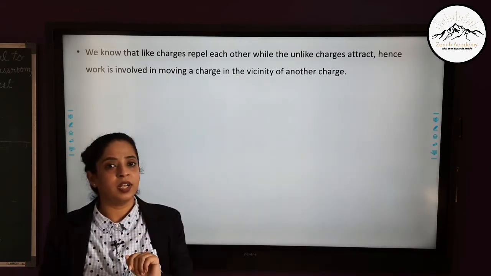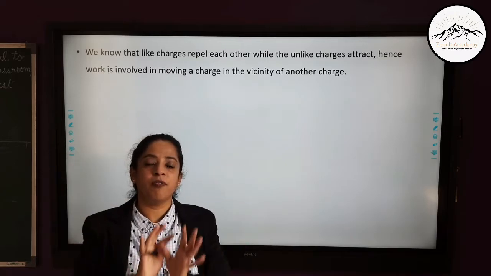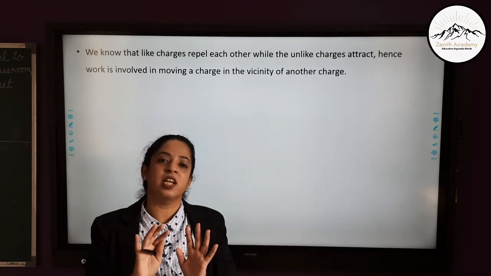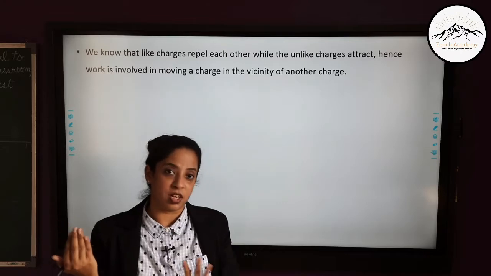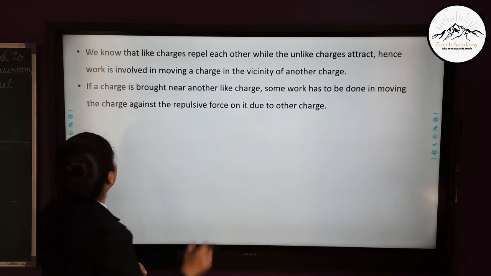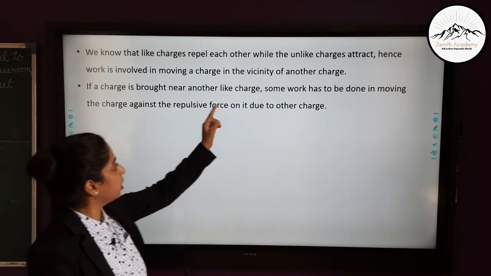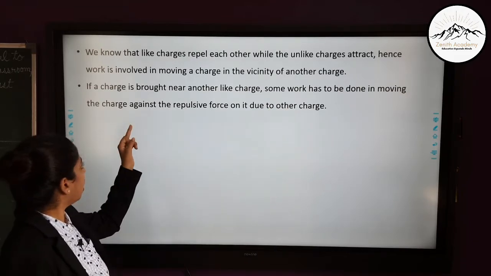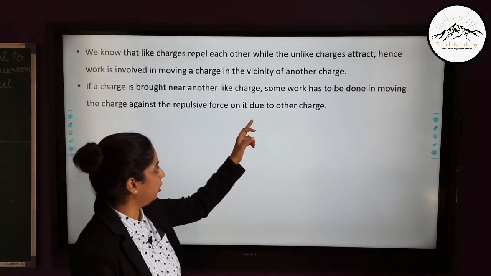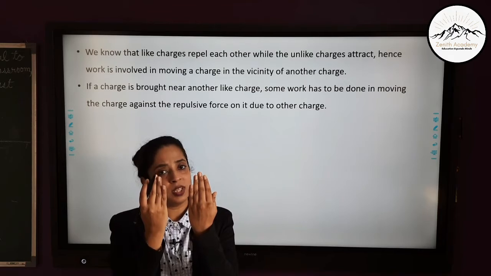So our first point is, work is involved in moving one charge in the vicinity of other charges. Now, if a charge is brought near another like charge, some work has to be done in moving the charge against the repulsive force on it due to the other charge. Suppose there are two positive charges.